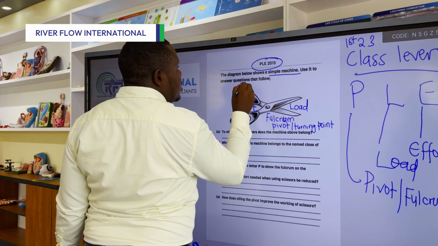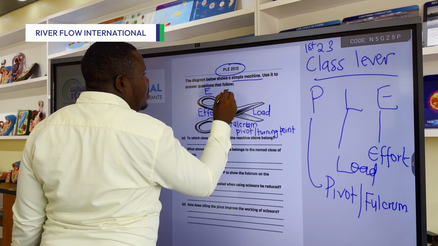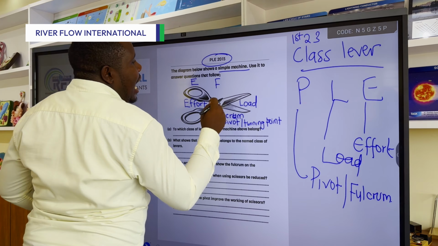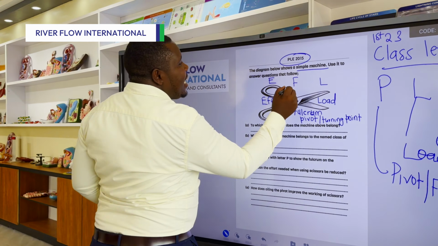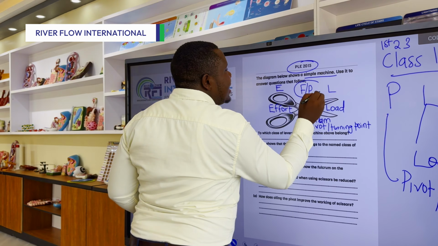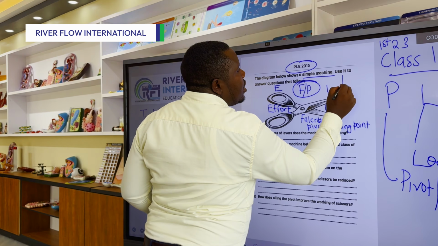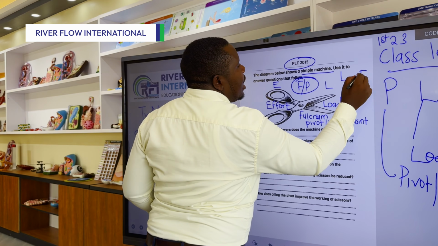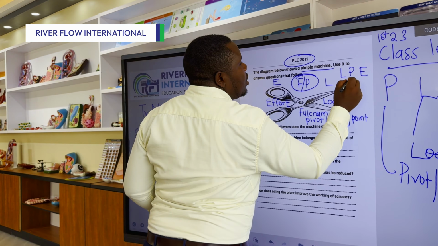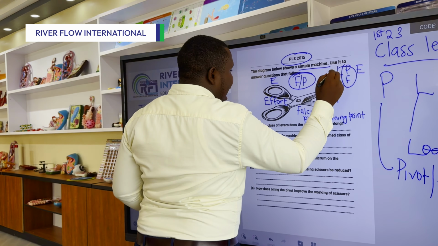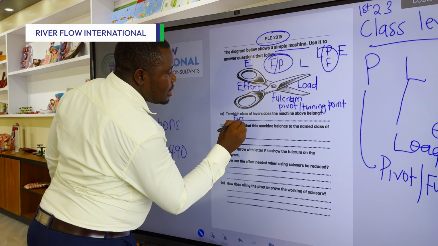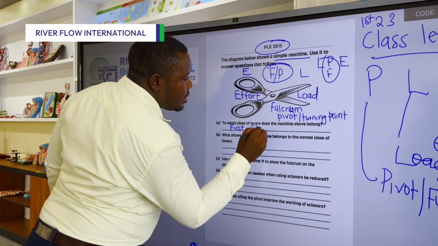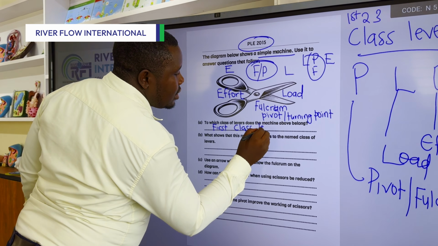We have effort, in the middle fulcrum, and then load at the end. So you realize that fulcrum or pivot is between the load and the effort. And this makes it first class levers.